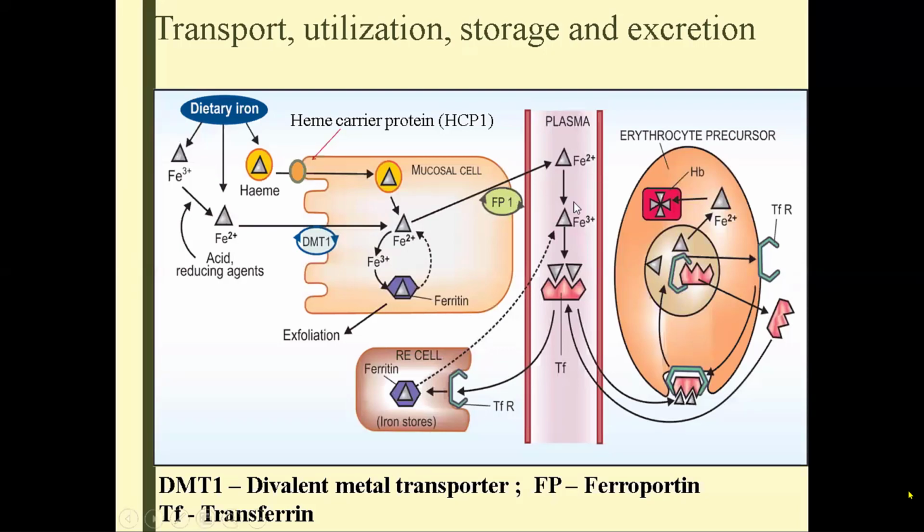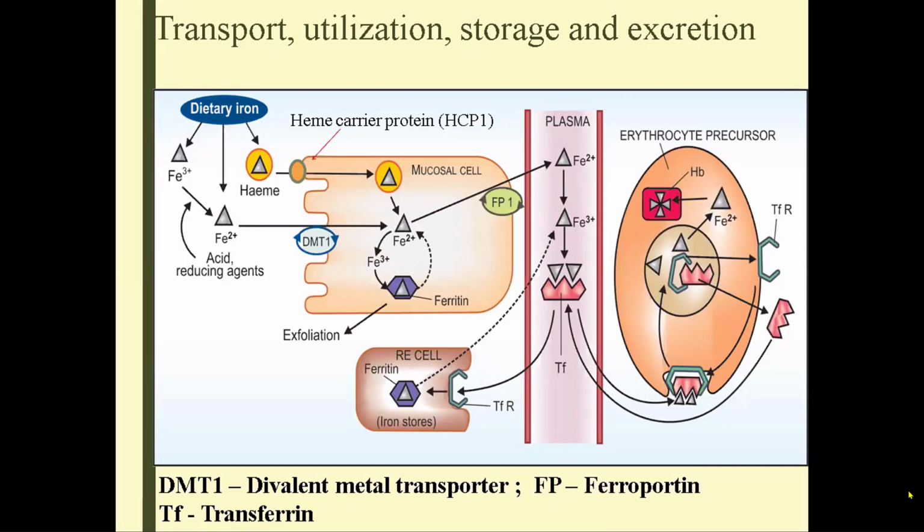And this ferrous form, again, you can see the movement, it will be converted into the ferric form, right? So the ferric form will now be carried, or circulated, with the help of this another protein called transferrin. Okay.